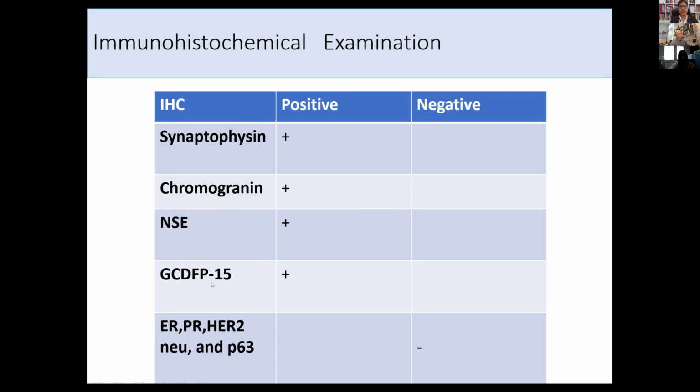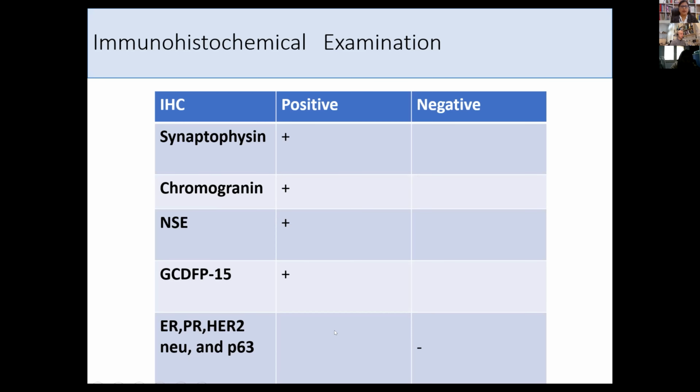This is also known as prolactin induced protein, and it is a glycoprotein originally isolated from human breast tissue, so this is also positive in the breast parenchyma and breast tissue. And ER, PR, HER2/neu, and P63 were applied for exclusion of the myoepithelial carcinoma.